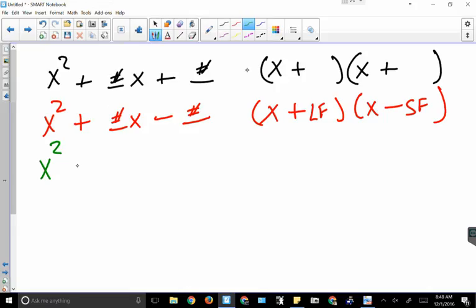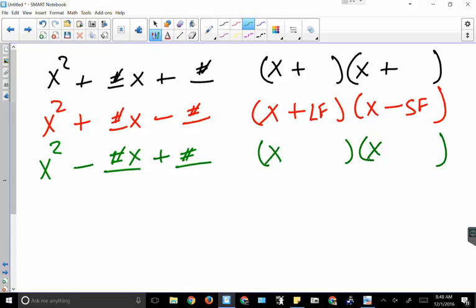x squared, and what happens if there's a minus? We got some number x plus some number. Okay? Don't know what those numbers are. This will factor out as follows. This will be an x, that will be an x, this is going to be minus, that is going to be minus. We don't care about anything about those numbers. They'll just be there.